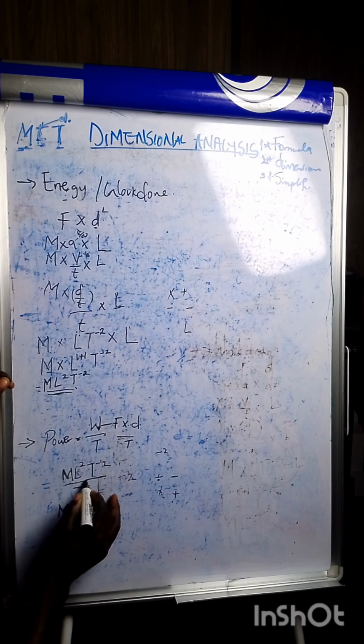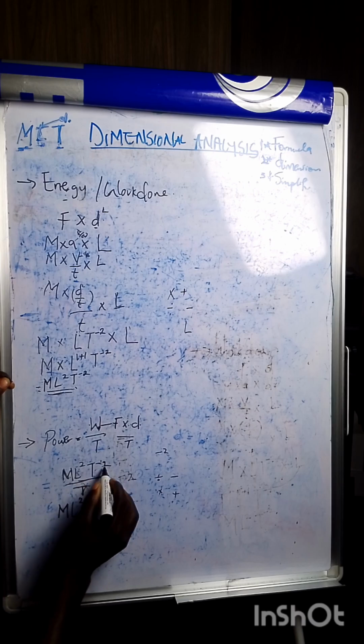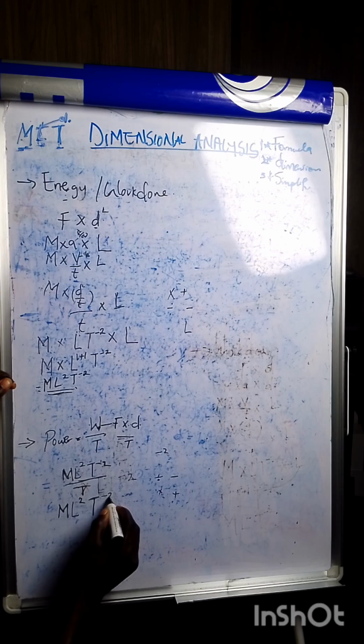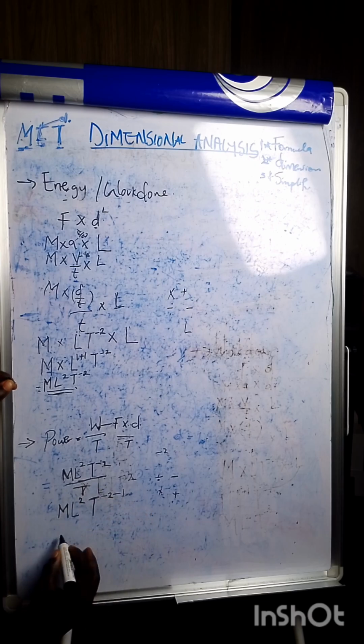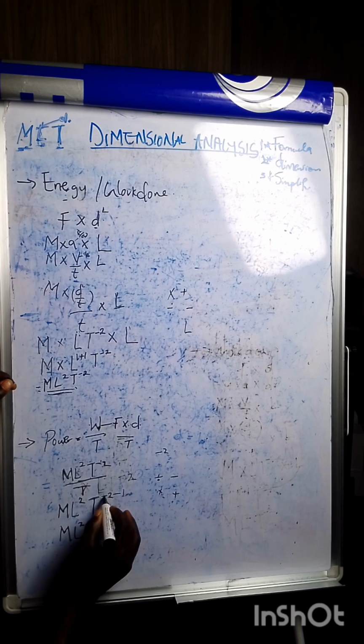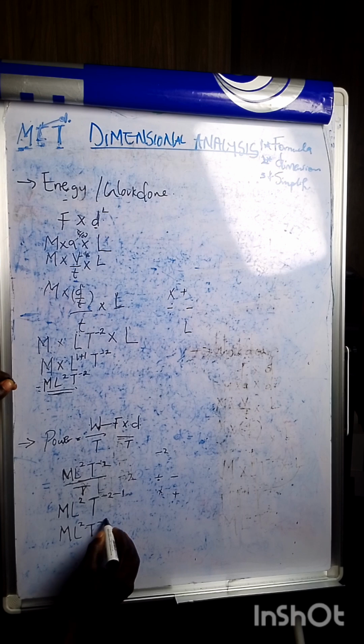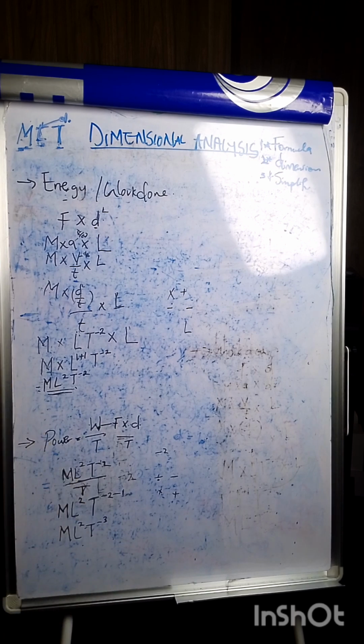So since you are dividing here, the powers will be subtracted. So that's your -2, then your divide, that's minus, this one is carrying 1. So ML^2, your -2 minus 1 for T would be -3. And that's how we get the dimension for power. Are you with me? Dimension for power.